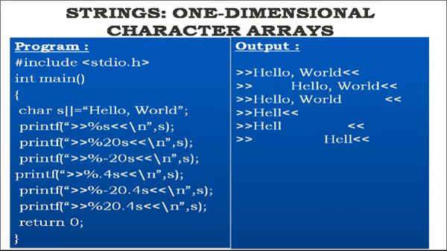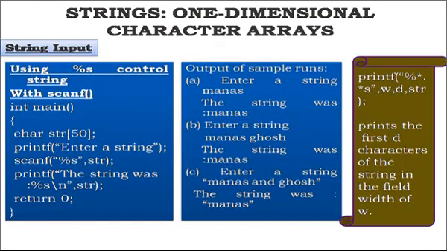The third output is left justified. The fourth output is the first 4 characters printed on the screen. The fifth output is the first four characters printed and left justified. The sixth output is the first four characters printed and right justified.